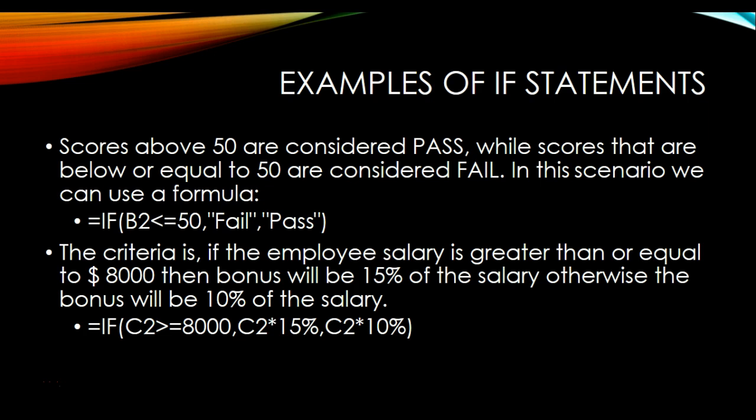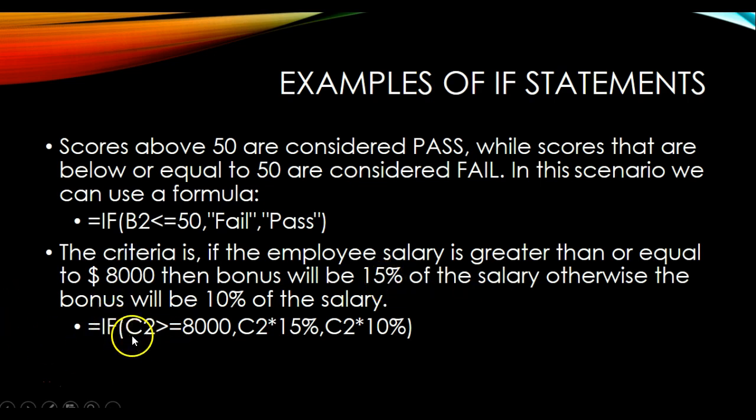All right, so we're going to start with our normal IF statement. Equals IF, open parentheses. I just chose a random cell reference here. We're going to say if it's greater than 8,000, because your employee salary is greater than or equal to 8,000, then your bonus will be 15% of the salary.